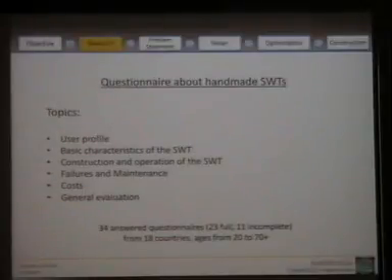It was addressed to users, designers, and manufacturers. And the aim of this questionnaire was to record best practices and common problems that we face, to define the user's profile, and to find out more about the multitude and the success or not of these projects. Here are the main topics of the questionnaire. We had 34 answered questionnaires, and it would be very good if you could answer it as well.